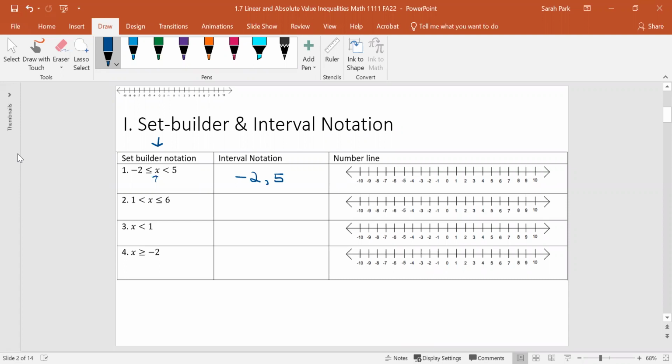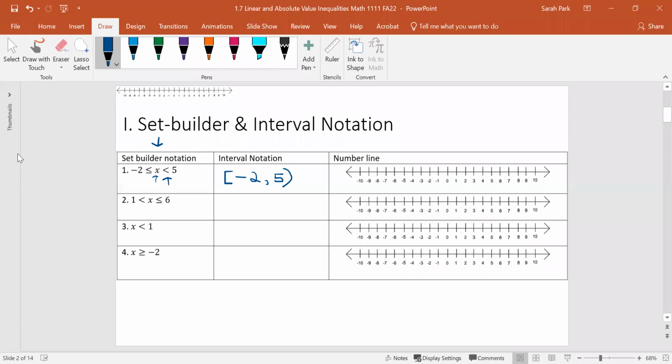It looks like a coordinate or a point, but it's an interval, so don't get confused between a point and an interval. Because it's greater than or equal to, we use a bracket. For 5, it's strictly less than, so we use parentheses. So we read this interval as bracket -2 to 5, parentheses.